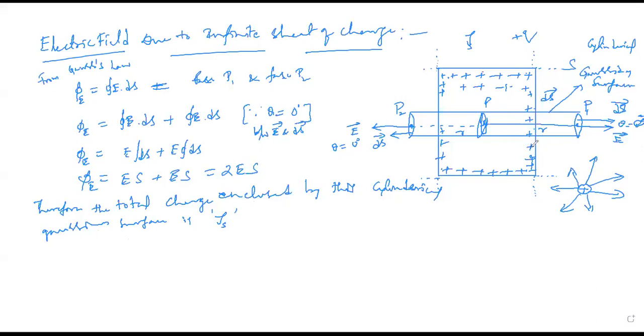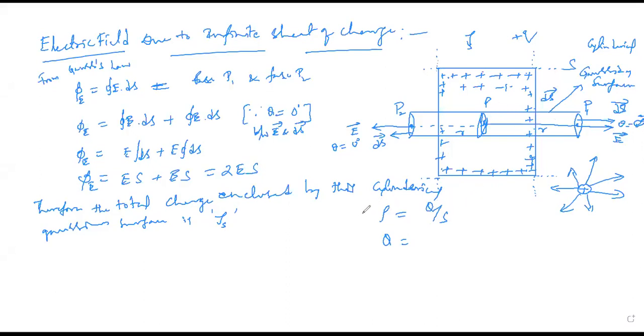But here, what I would like to write is the total charge. The charge density is Q by S, correct? Charge density is defined as charge per unit surface area, and here the surface is a cylindrical surface.